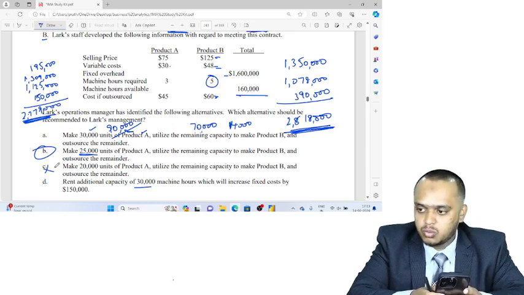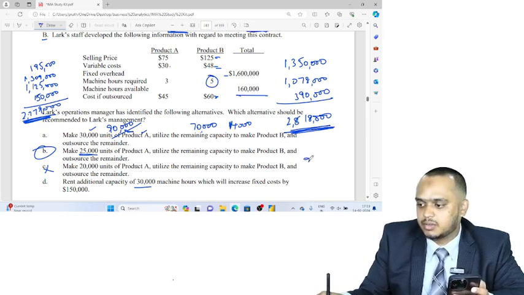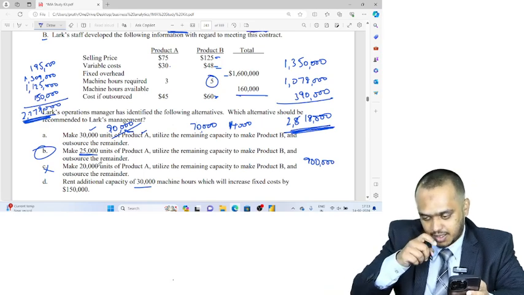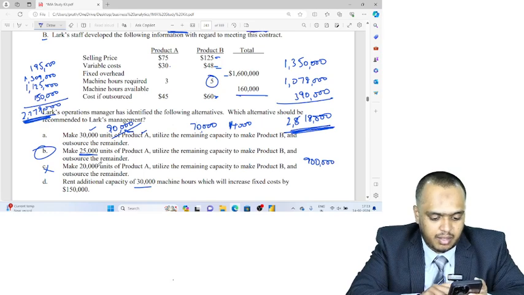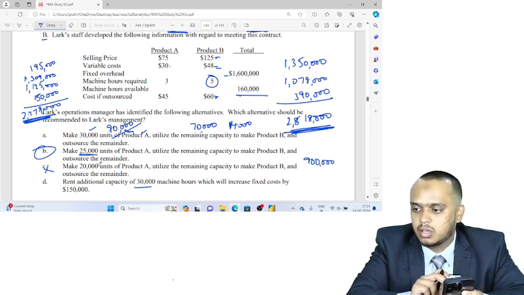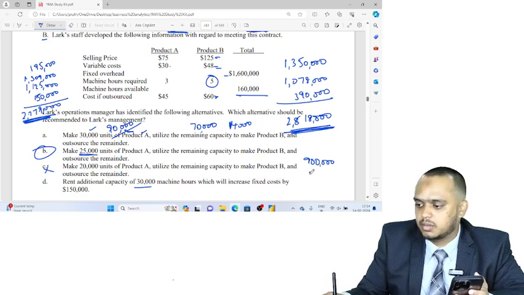20,000 into 45 equals 900,000. Okay, and then what's the remaining? 10,000 I have to outsource, right? 10,000 into 30, it is 300,000.